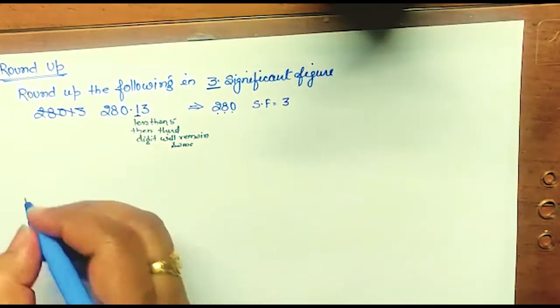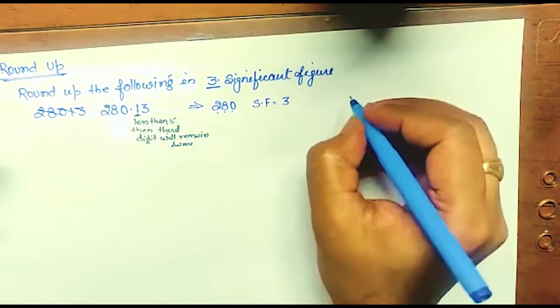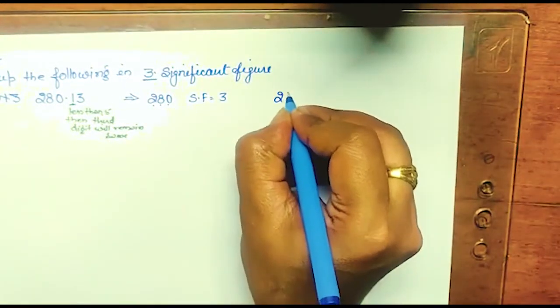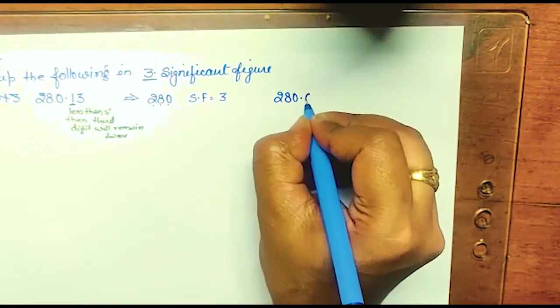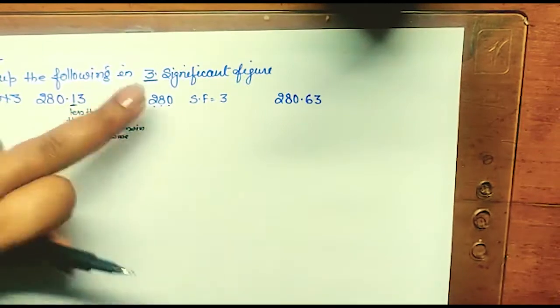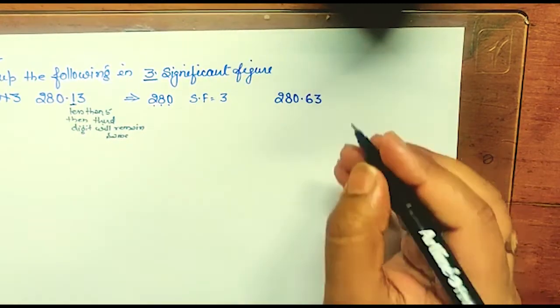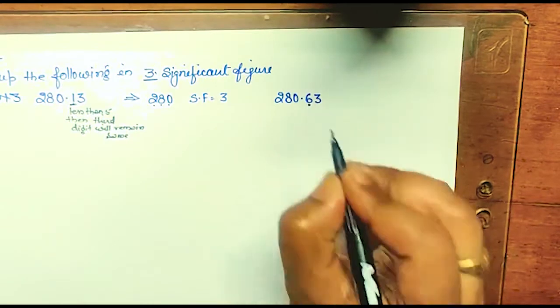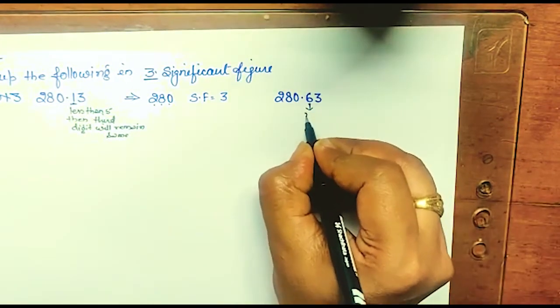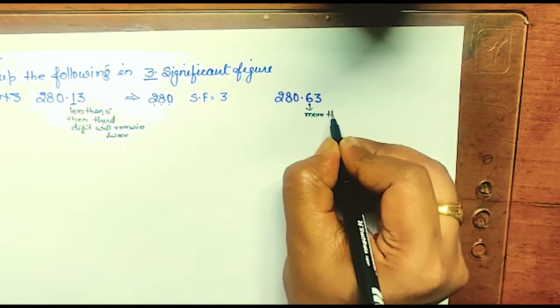In the same way, another example, let me take 280.63, and the same thing: up to three significant figures you have to round up. So you have to check the fourth one. This is more than 5, isn't it?